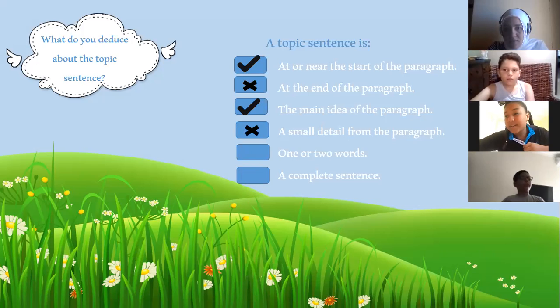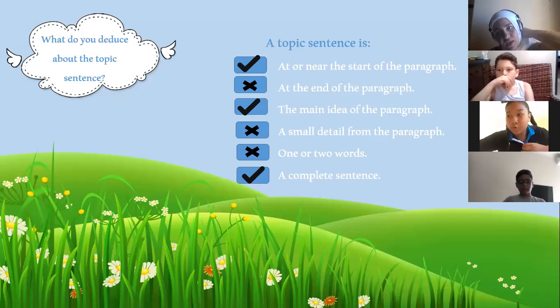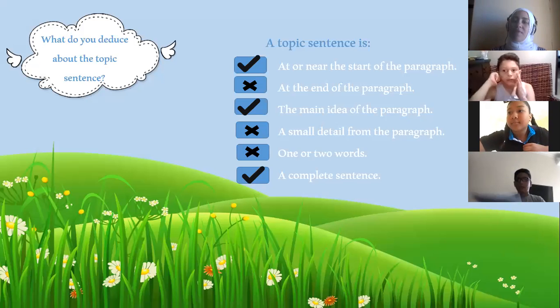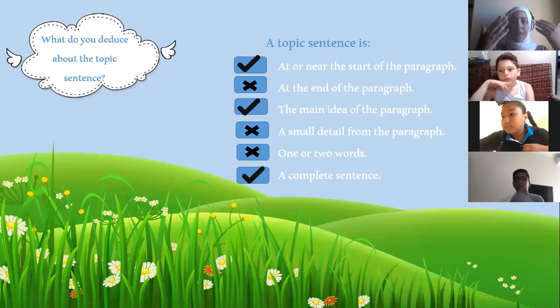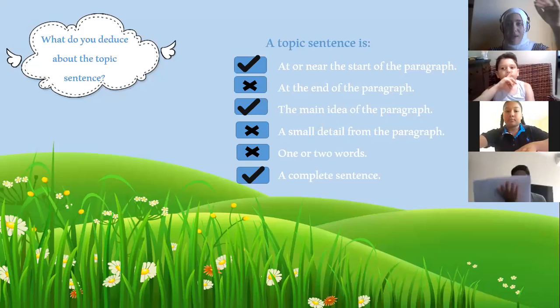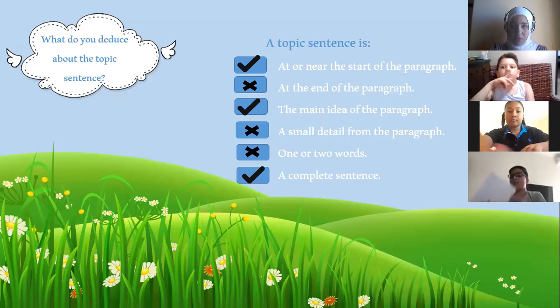No, we said it's a sentence. It's not one or two words only. It is a complete sentence. So again, we repeat, the topic sentence is the sentence that introduces the reader, and I might be a reader, to the topic of the paragraph. It must include the main idea also, and I must find it at the beginning of the paragraph. Clear?